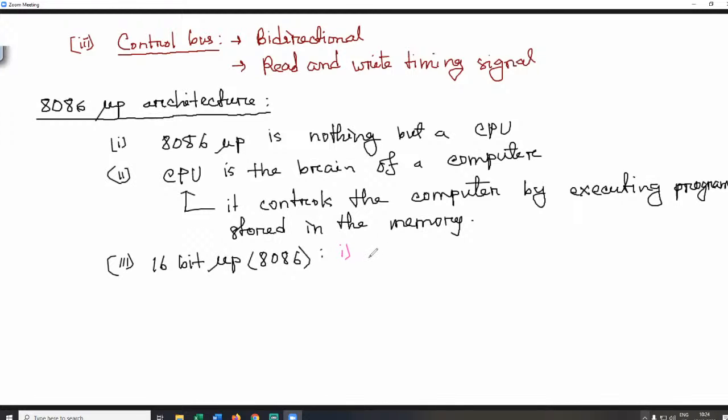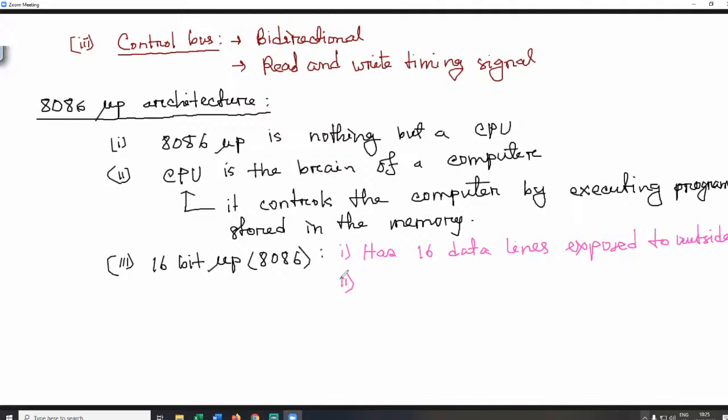You can write: has 16 data lines exposed to outside.